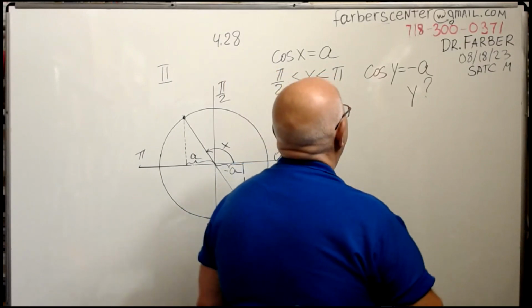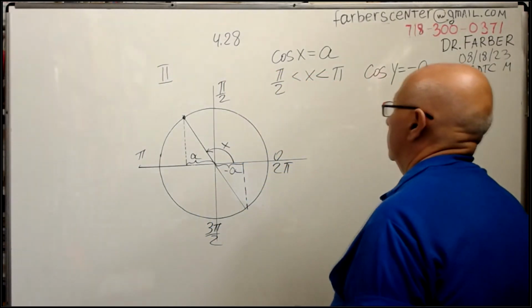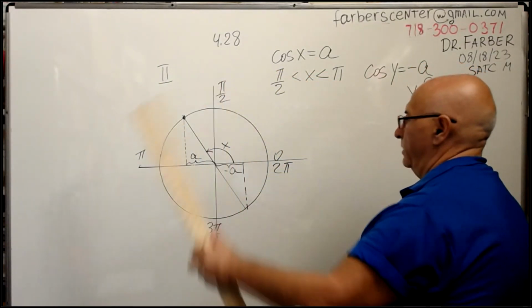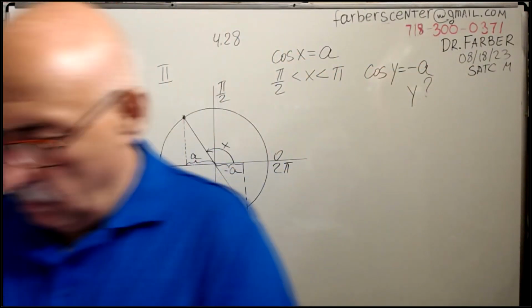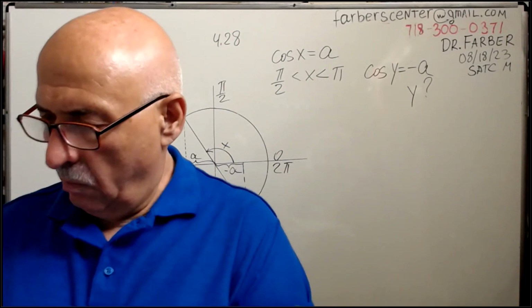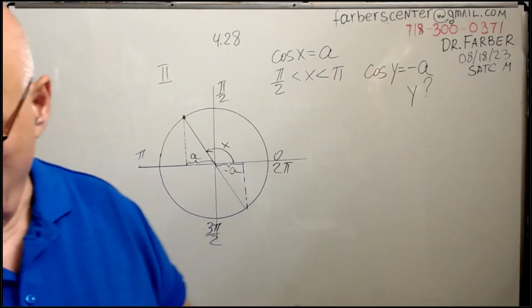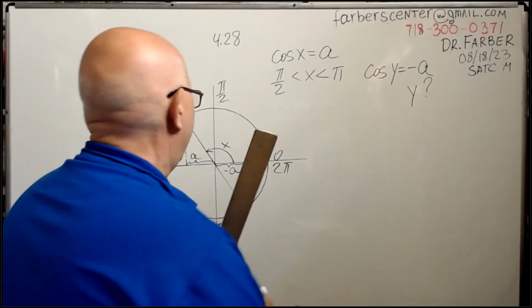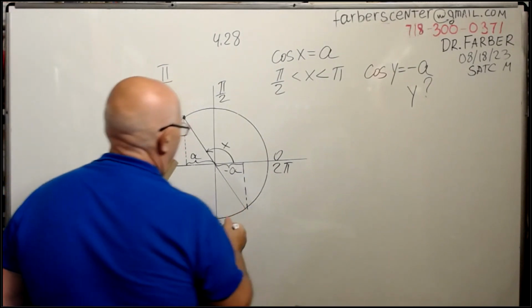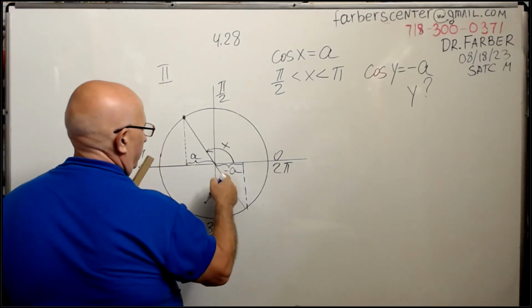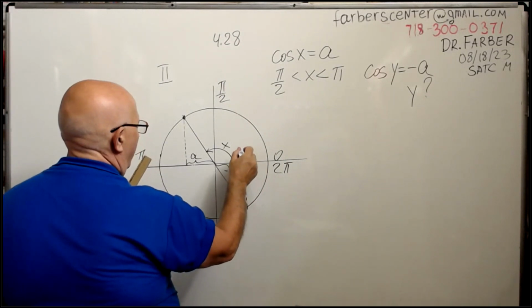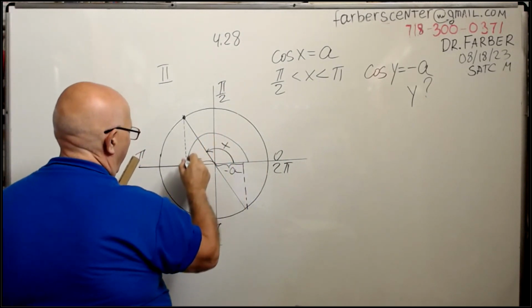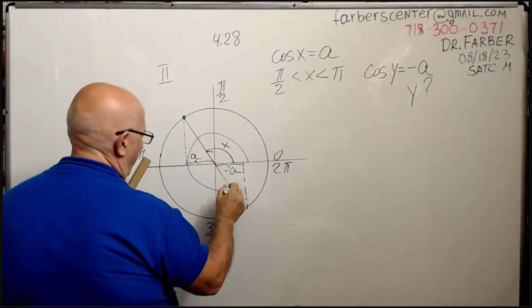Since measurement of angle in trig is always counterclockwise, I take a different color. And try to find for which angle cosine equals negative a. I start from 0. This angle.